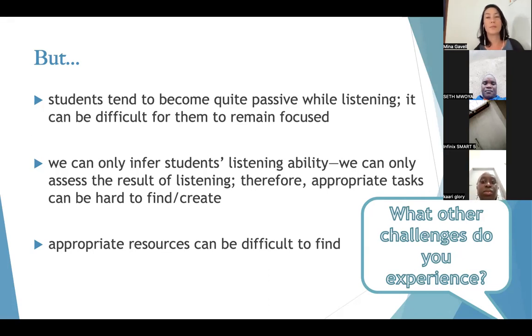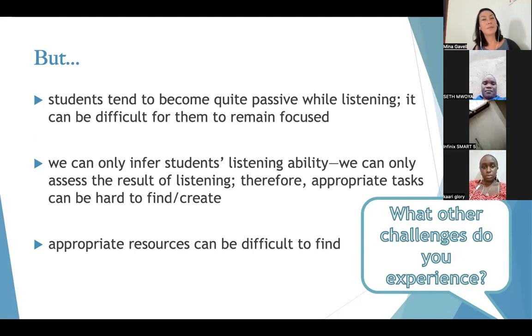It happens mostly for the maybe A to B1 students. I usually see it, and when you present a listening material, you don't know what their listening style is, and you're likely to find some are out of listening because they have this tendency of wanting to catch everything that a speaker is saying.